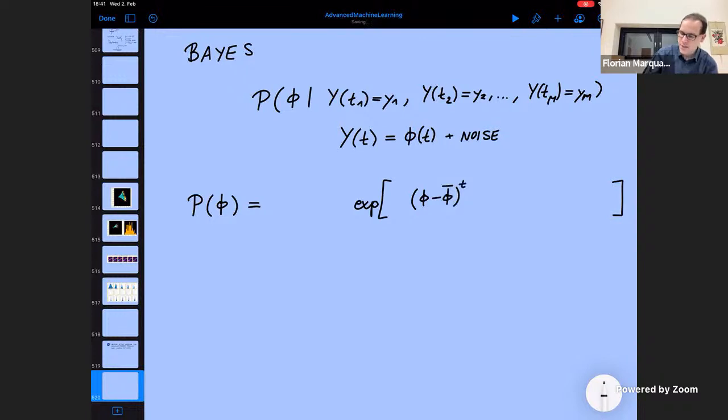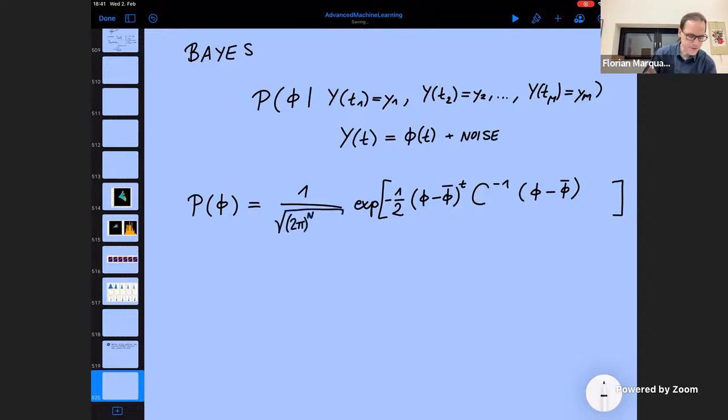Also, there will be a correlation matrix, like for any Gaussian multidimensional distribution. And then again, there will be phi minus phi bar. And if I want to do it correctly, there's 1/2 in front. And that is almost it, except we have a normalization factor in front.